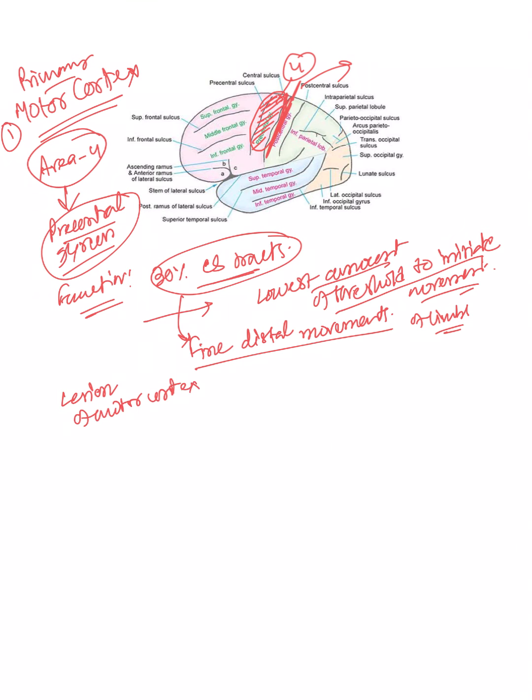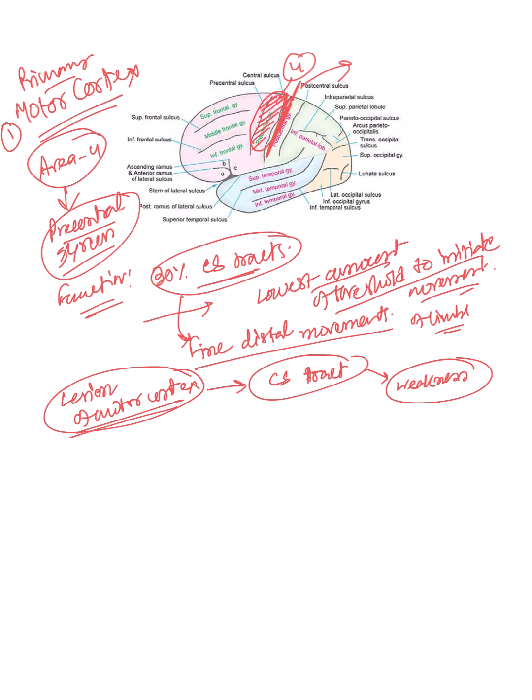how will it present? See, a lesion on motor cortex will obviously involve corticospinal tract, and involvement of corticospinal tract will cause what? Weakness. Very good. Now you have to tell me, is this weakness UMN or LMN type of weakness?